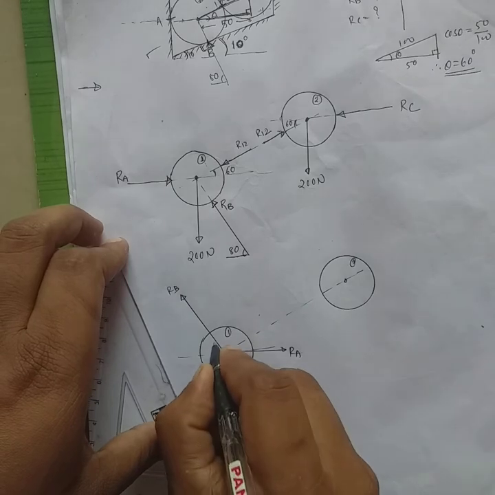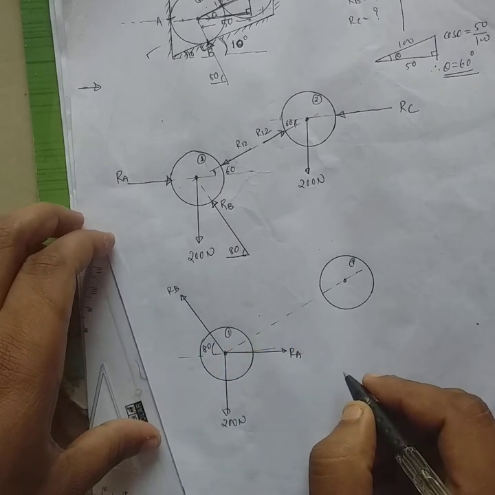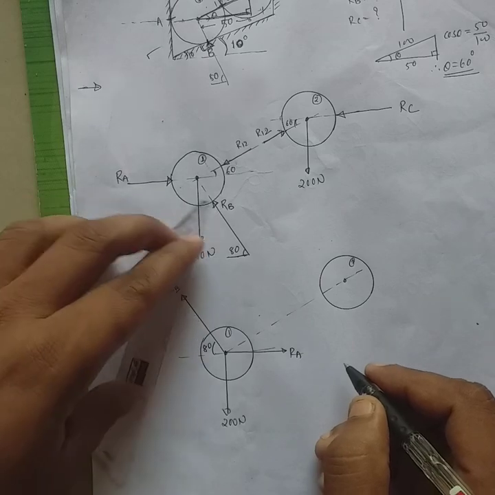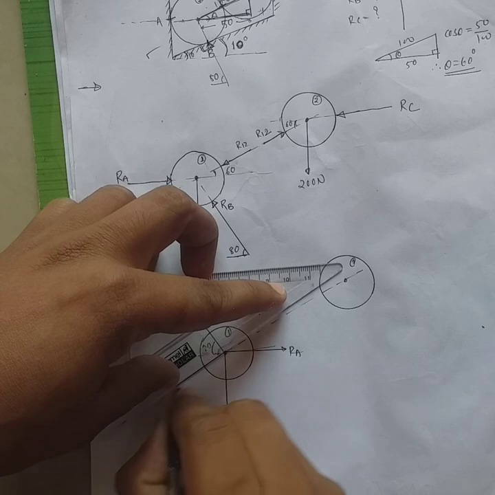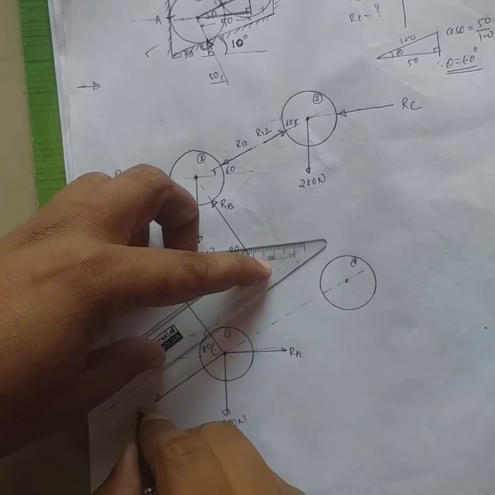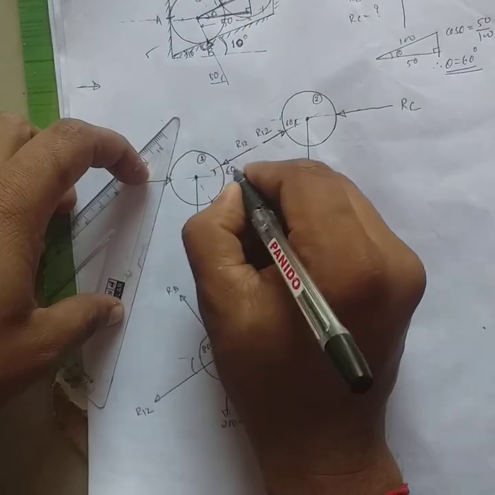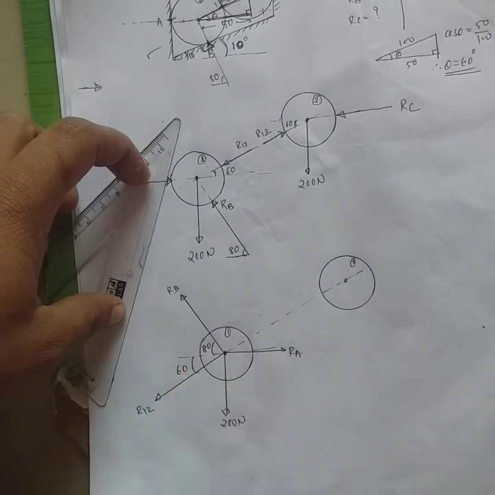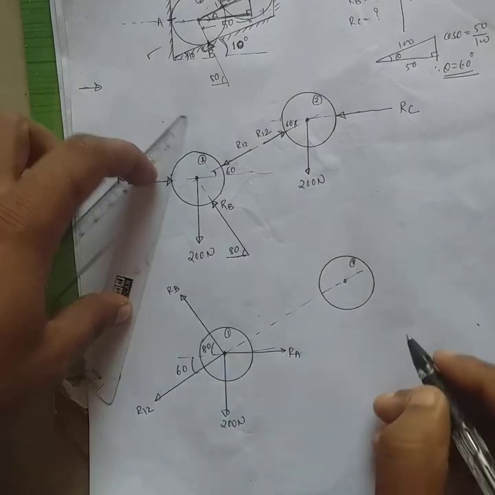The angle given is 80 degree to this RB, and R12 is passing in the downward direction, so this will be R12. The angle, now we know, is 60 degree. So how many forces are acting? 1, 2, 3 and 4.